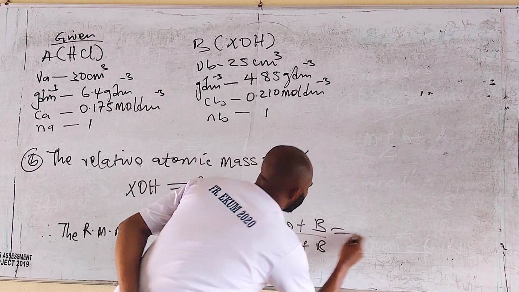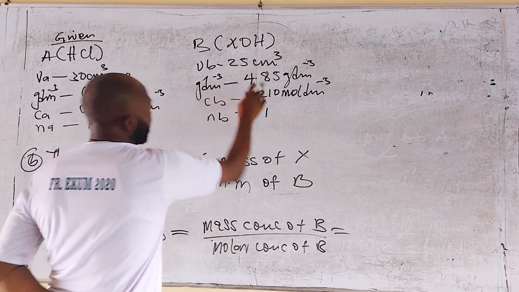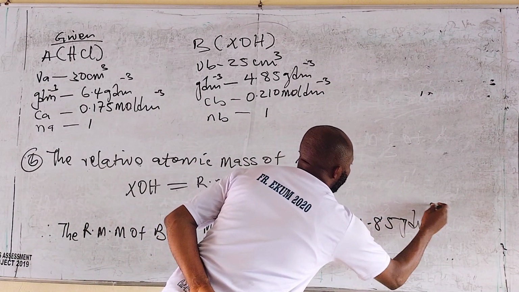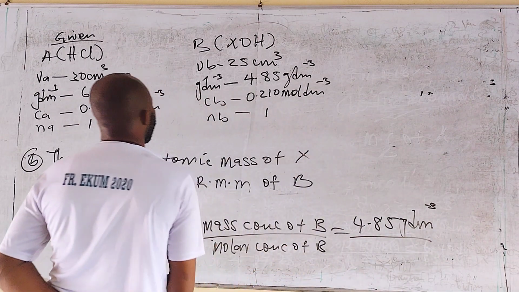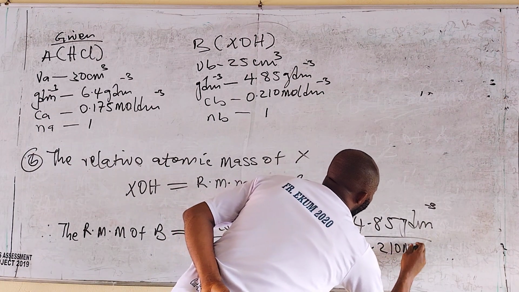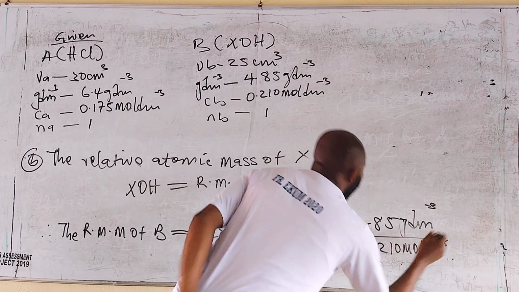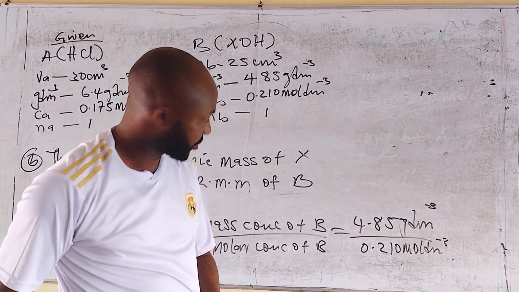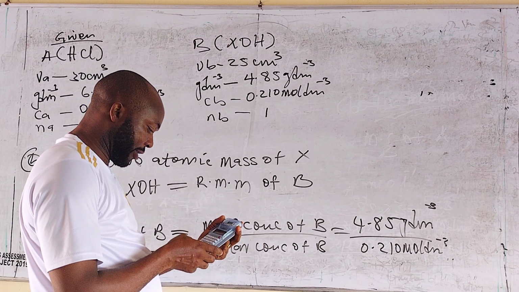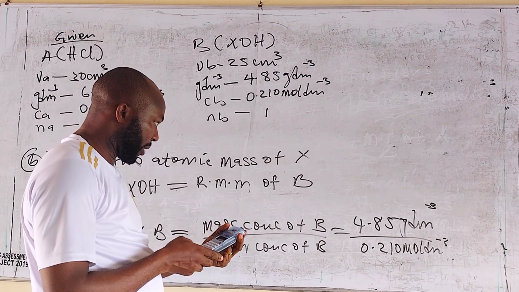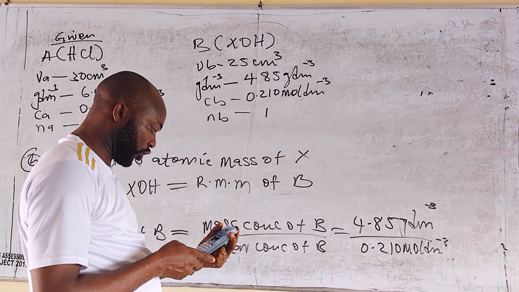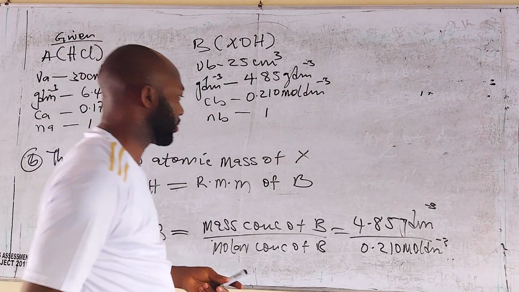of B. The mass concentration of B is 4.85 g/dm³. The molar concentration of B is 0.210 mol/dm³. And when we do that, we have 4.85 divided by 0.210, which is 23.1.